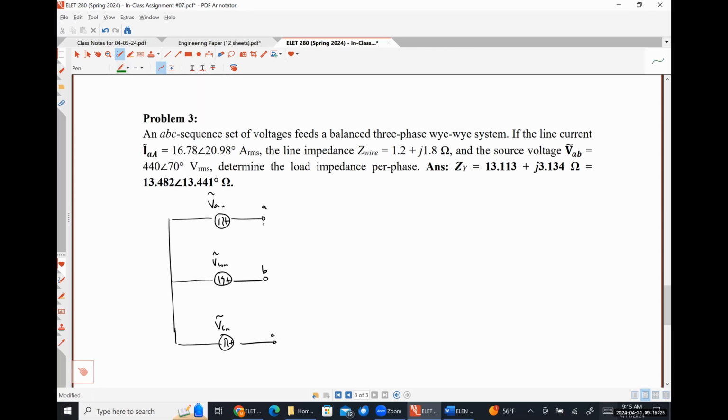I'm going to draw this in green because that's what I've been doing for line voltages. So we were given this line voltage VAB. We were not given the voltage of our source. Then we have a transmission line with an impedance of 1.2 plus J1.8. So let's call that ZW here in the middle.